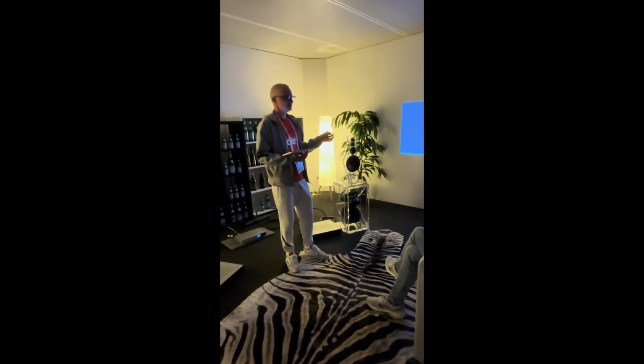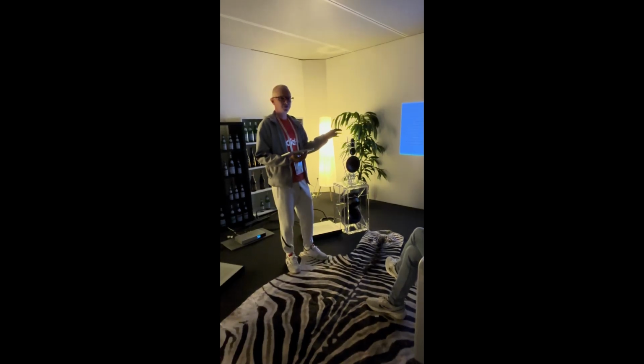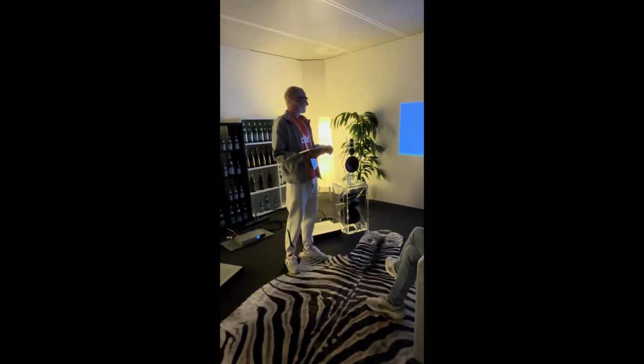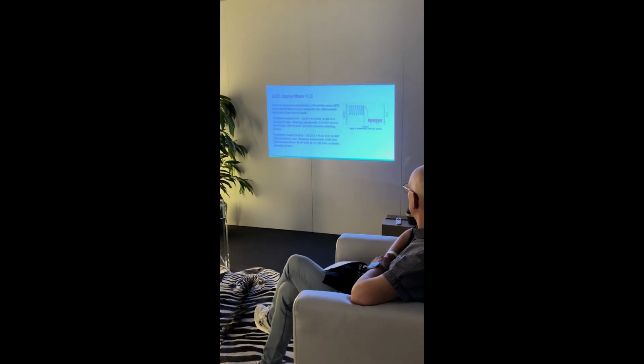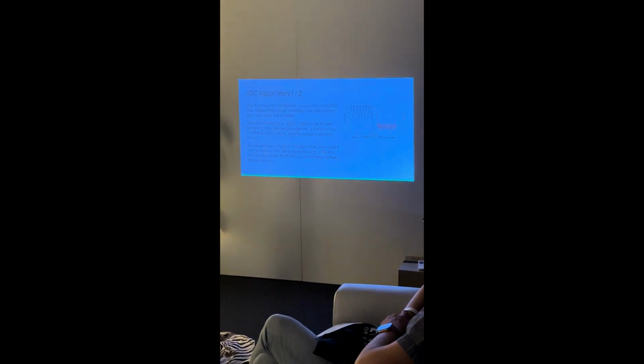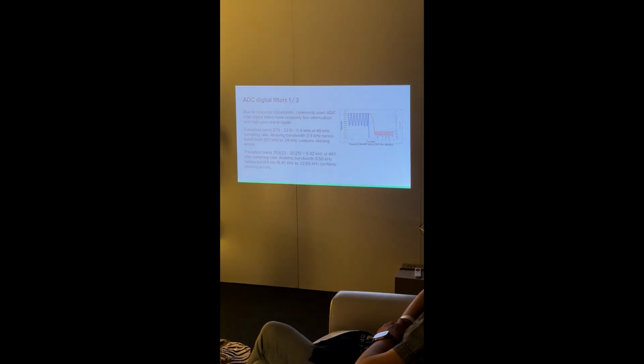So it's not a good idea to put a powerful DSP there. That's why they cut the corners quite a lot and try to fit it in. This is one example, and this is from the AKM ADC chip.